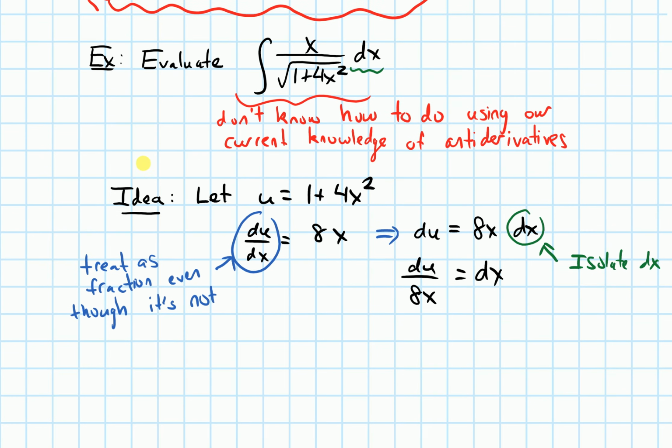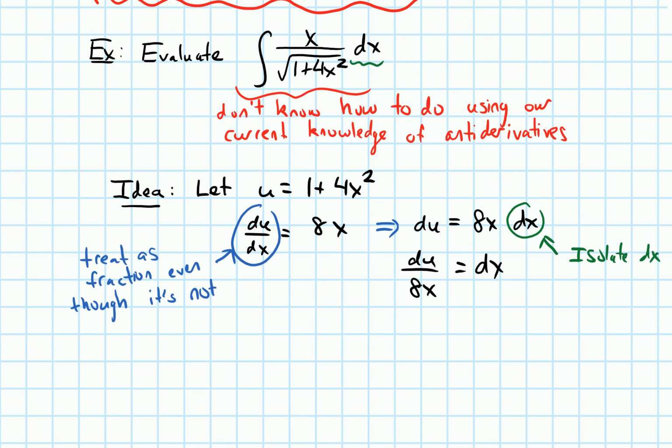Okay, so now we are going to substitute. So if we substitute, we get our integral equals. So we still have that x on the top. Not totally sure what to do with that just yet. And on the bottom, we'll have the square root of u.